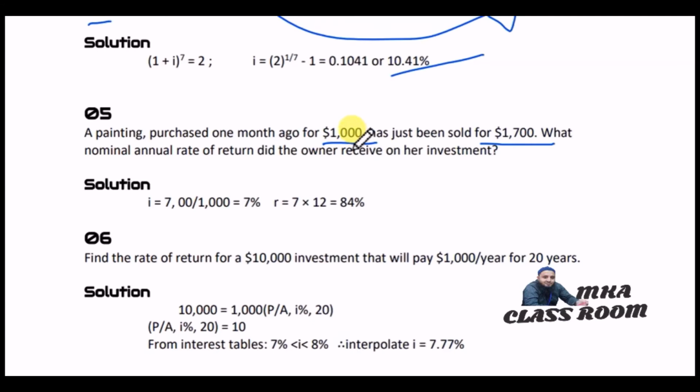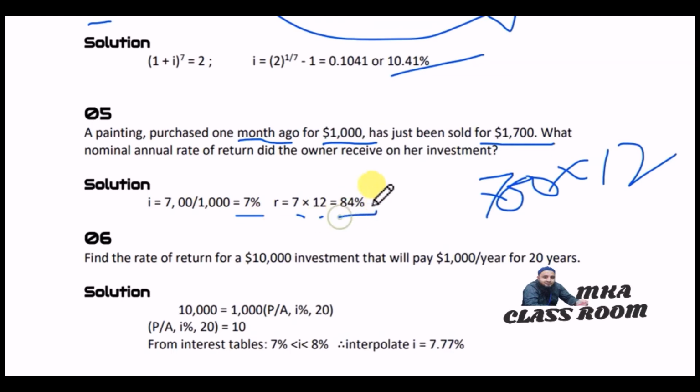So here it is a 1 month rate. That means in 1 month he gets 700 taka profit. So what will it be for 12 months, into 12? Here the interest is 70%, 70 into 12, that is 840%. It is the annual return.